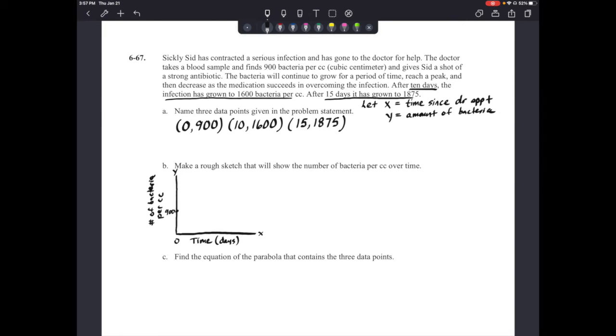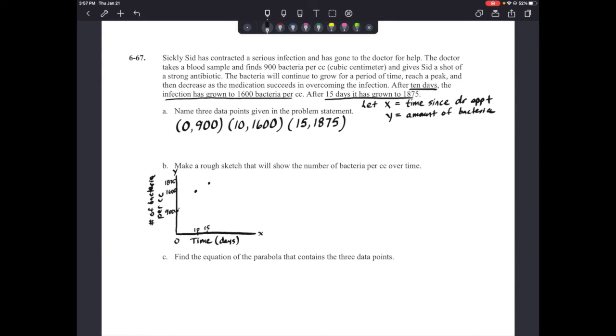And then we know after 10 days it had grown. So we'll say this was 10 days here. It had grown to 1,600. I'm sorry, 1,600. The 1,675 was a mistake. And then just 5 days later, it didn't grow as much, so it's something like that. We'll say that was our 1,875 at 15 days.